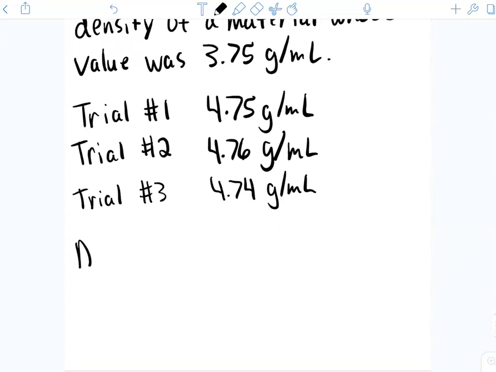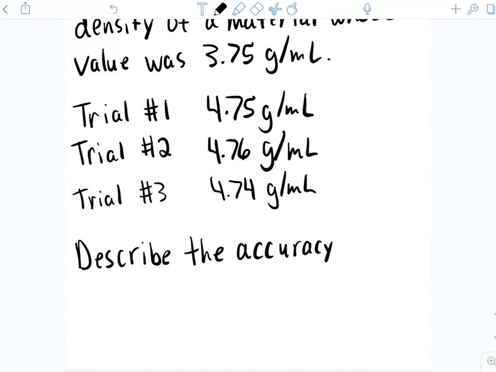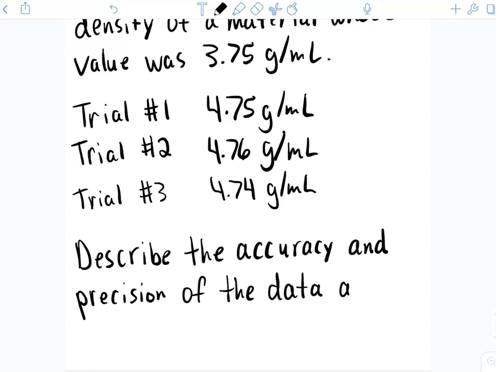And then we are told to describe the accuracy and precision of the data above.